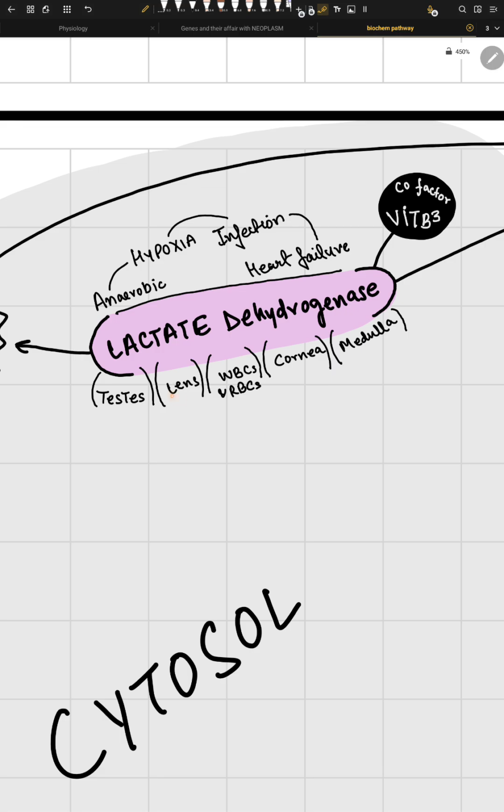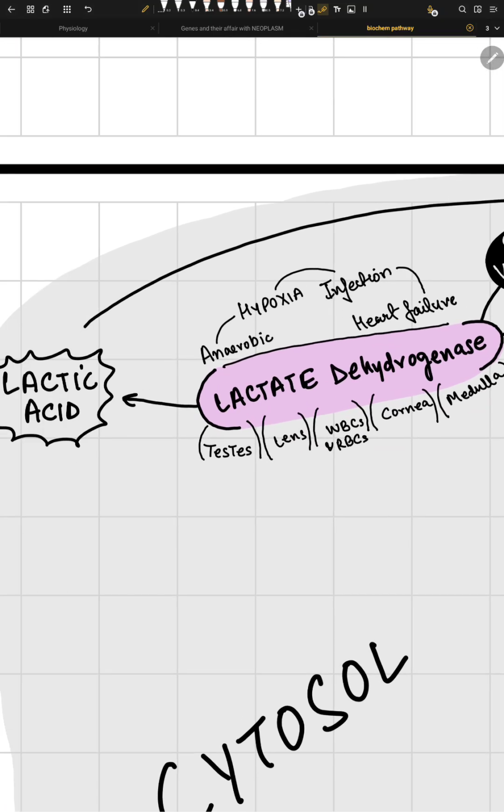Other thing is that lens and cornea, both of them are avascular, right? So they practically have no oxygen, so they rely on anaerobic glycolysis. Another thing, WBCs, same concept, often work in hypoxic situations, often work in inflamed tissue, so they need anaerobic glycolysis.